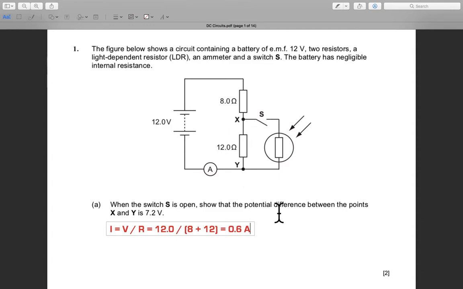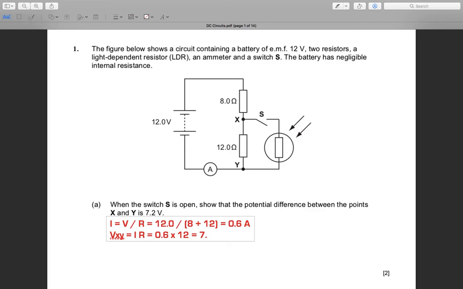Now what about VXY? VXY is actually IR. I is 0.6, times R which is 12, so we have 7.2 volt.